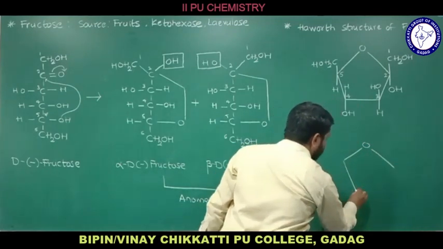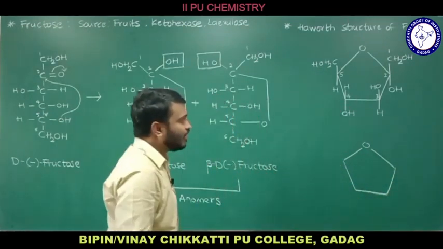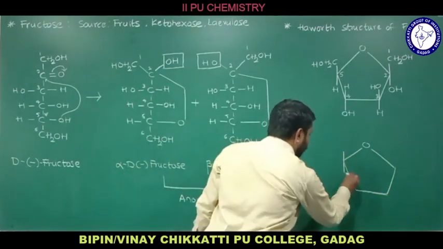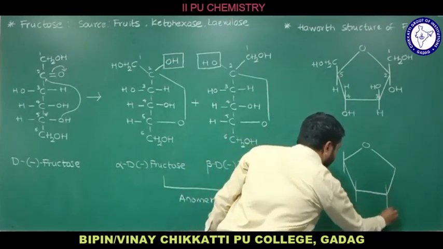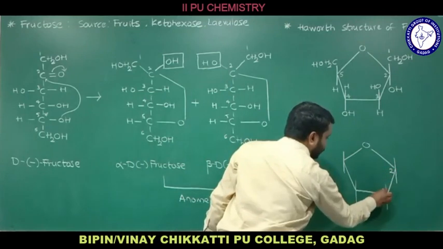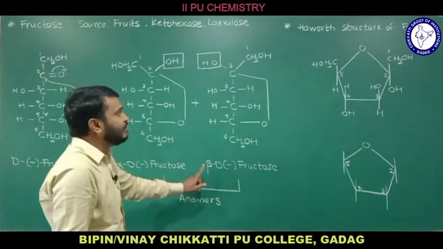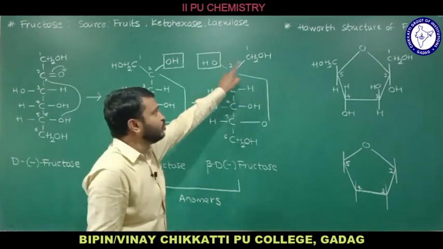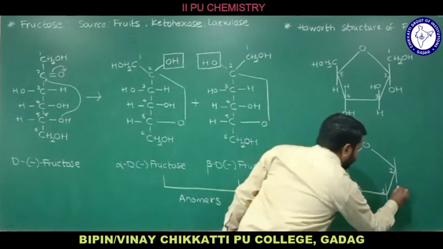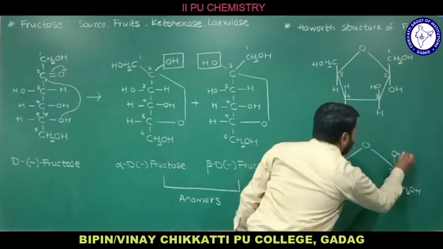First you need to consider the 5-membered cyclic ring along with oxygen, and the vertical lines we have to draw represent the chemical bonds, and the numbering has to be done. It starts with 2, 3, 4 and 5. For beta, on carbon number 2, with OH on the right side, I am supposed to place CH2OH below, and one more, OH above.